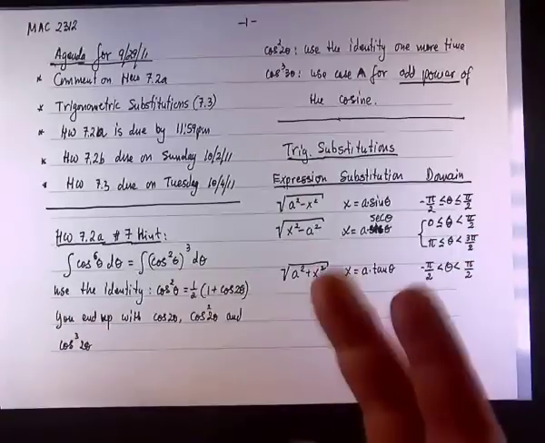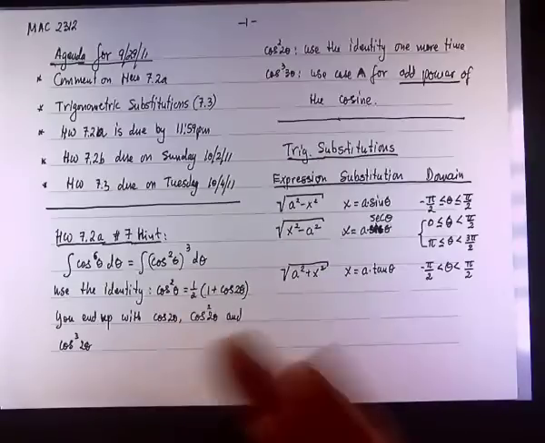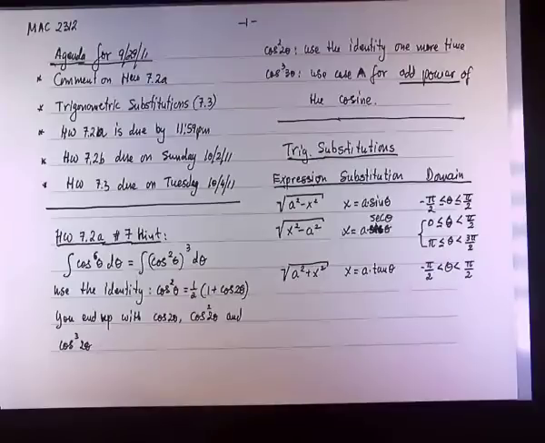That's the meaning of one-to-one. That's the meaning of an invertible function. For instance, y equals x squared is not invertible. It's not one-to-one because x equals plus or minus the square root of y.